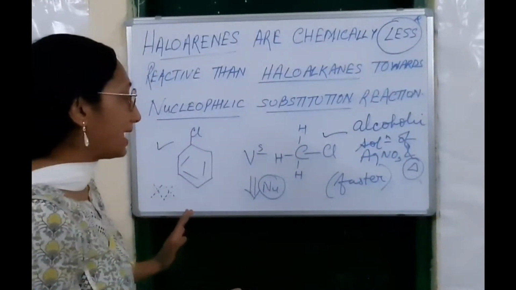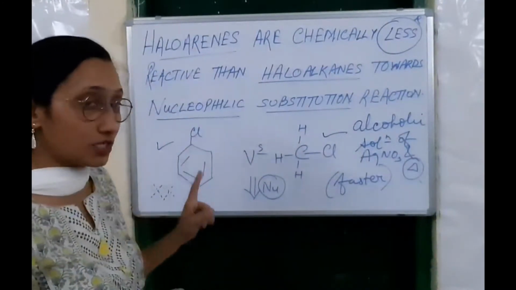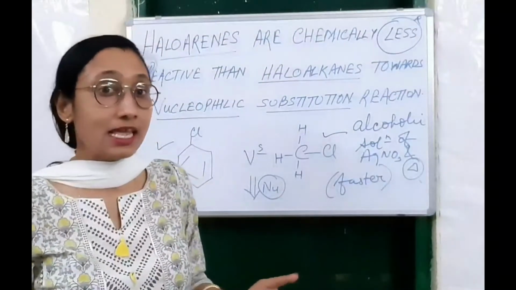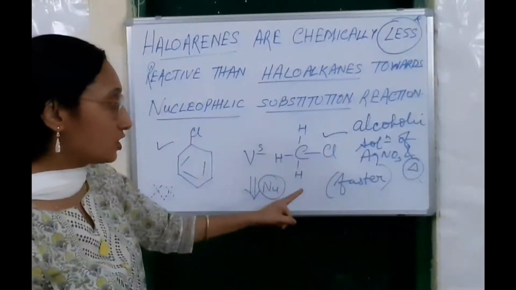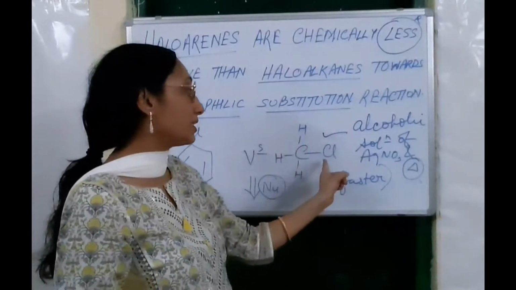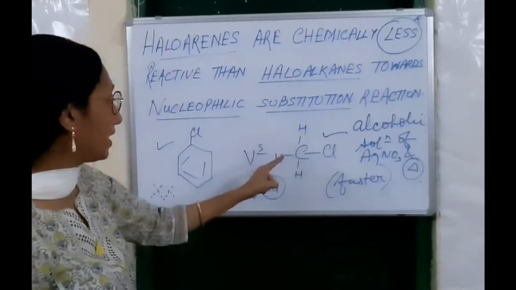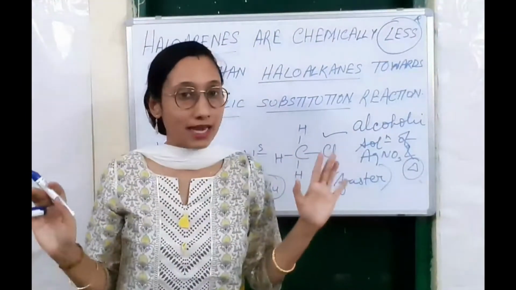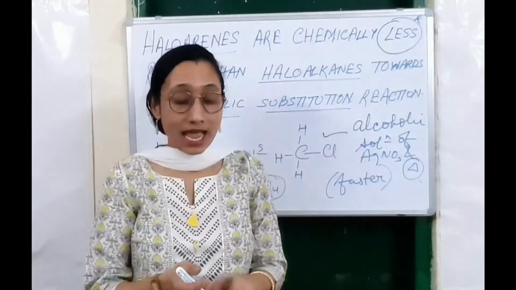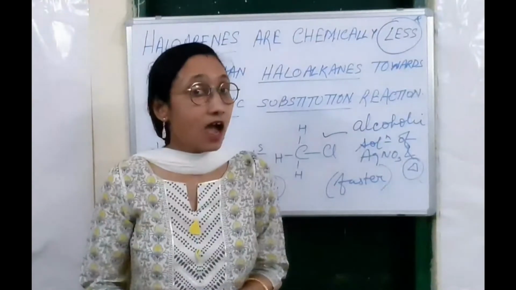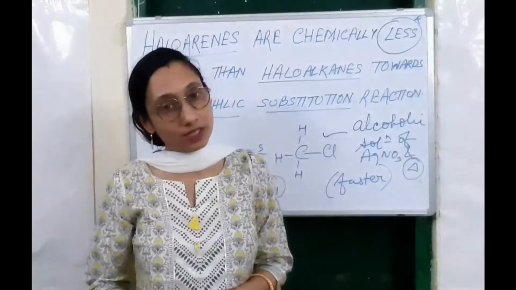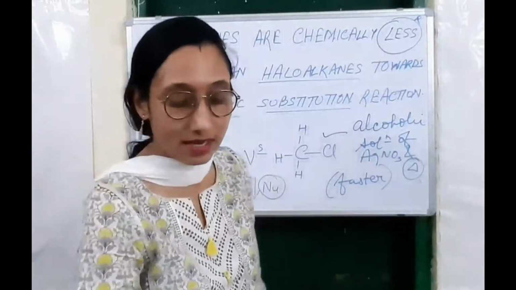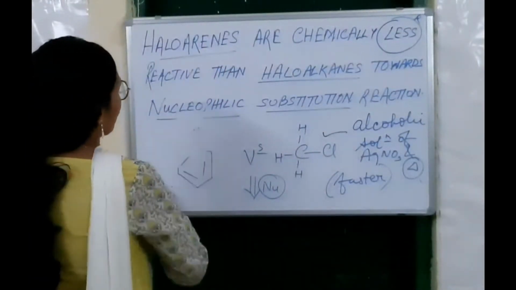So we can say that the rate of reaction towards nucleophilic substitution is much faster in case of methyl chloride when compared to chlorobenzene. That means, in simple language, we can say that haloarenes are not susceptible to nucleophilic substitution reaction. Let us see the reason.